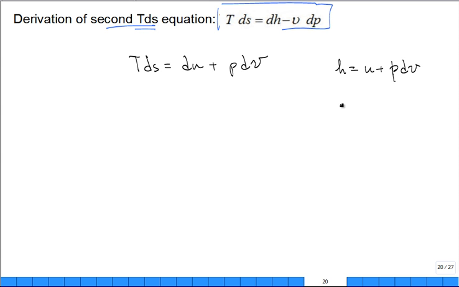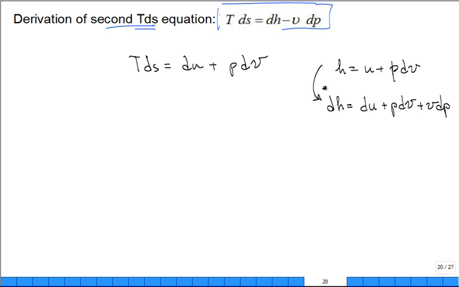From calculus, if I said, give me the small change in H, you'd say, give me the small change in U plus, and I'm going to use the product rule on this, because P could be a small change in P and a small change in V. Product, right? P dV plus V dP. What is that? Calculus. Does that make sense? And did we say that was a product rule?